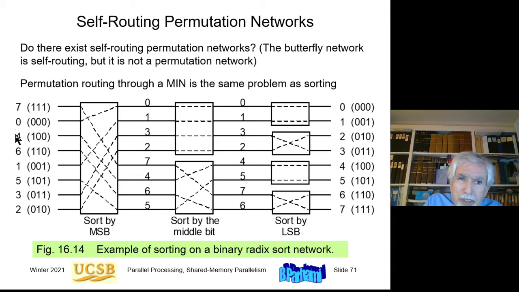Basically, if I sort these numbers as they go through this network, then access to the corresponding memory bank is provided, because in sorting, 0 will go to the top. Okay, 1 goes into the next element. And this is a sorting network.